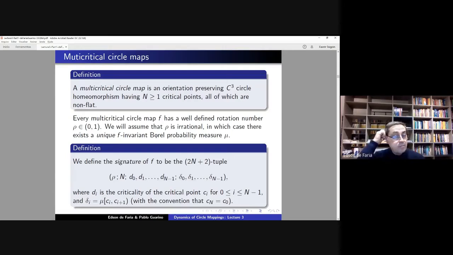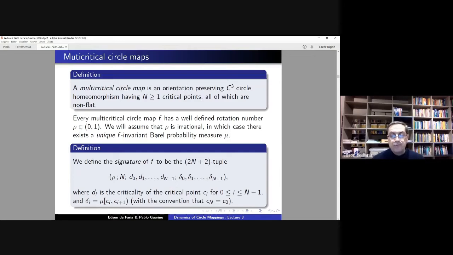You look at two consecutive critical points on the circle, they determine an arc, and you look at the measure of this arc. So delta sub i is the measure of the arc that goes from C_i to C_{i+1}. Of course, I'm looking at it cyclically, so there is a convention that C_n is equal to C_0. So this gives you a bunch of numbers.